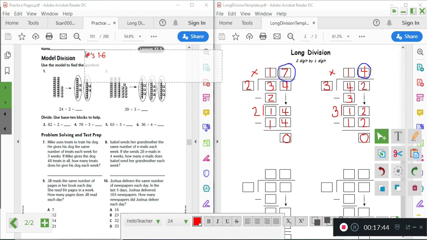You might need to use some scratch paper, so please use scratch paper if you need more space. If you'd like to challenge yourself, go ahead and try doing the word problems. But today I'd like you just to practice these steps. Remember, Dad divide, Mother multiply, sister subtract, brother bring down, Rover repeat.